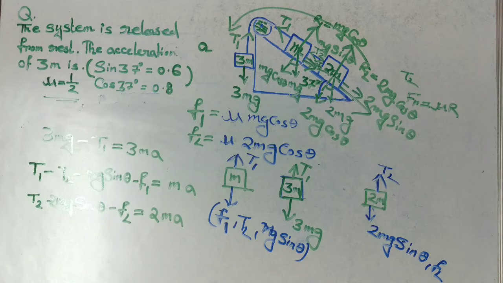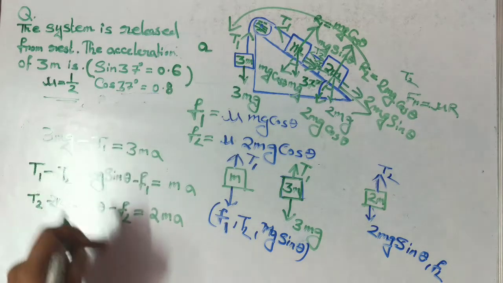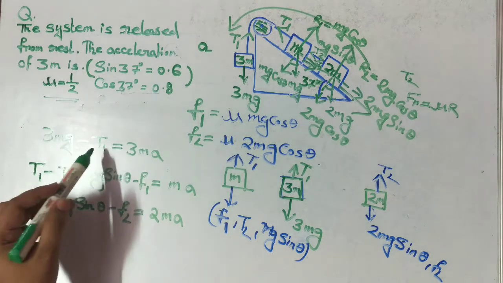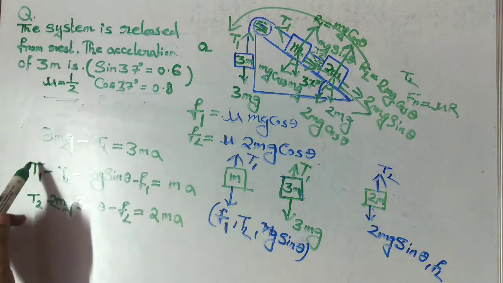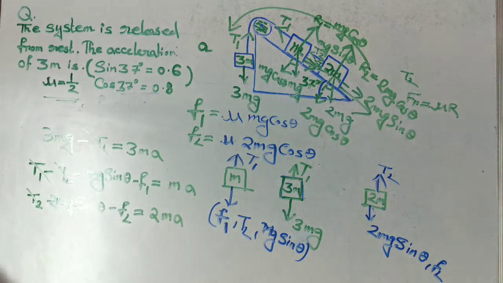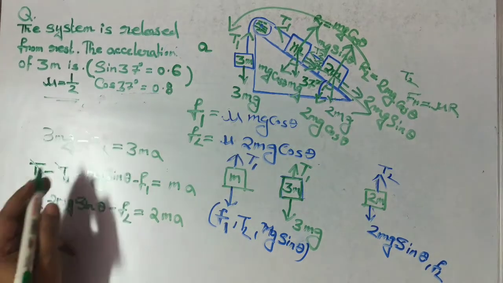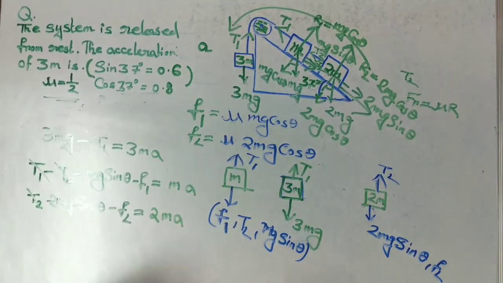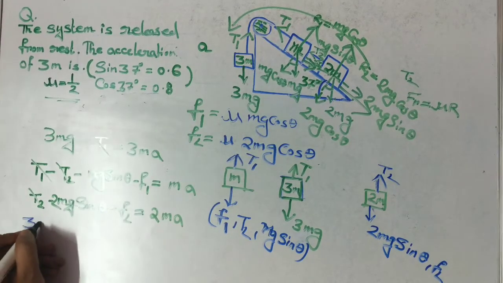Now if we add these 3 equations, we see T1 will be cancelled out, T2 will be cancelled out, and there will be 3mg, this 3mg, we are adding 3 equations, right?